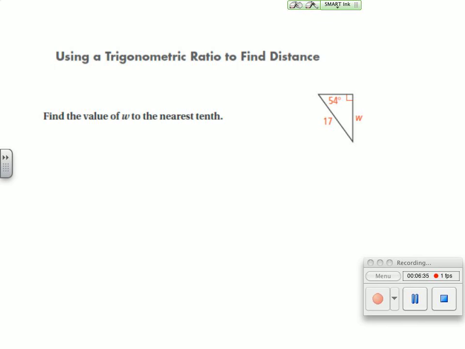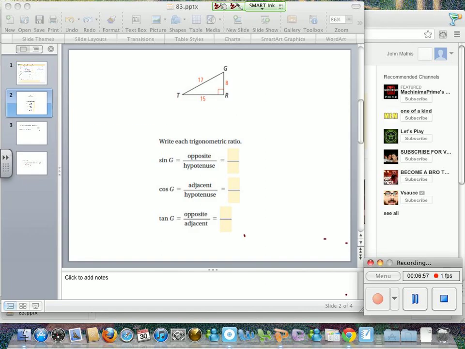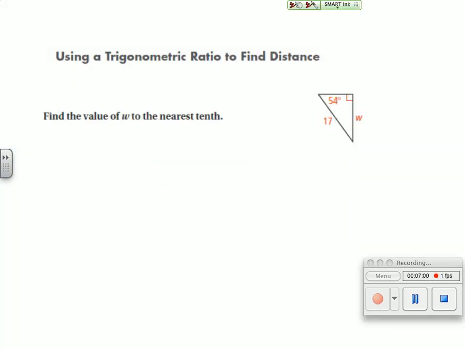Now, let's say maybe we knew that our W was right here, and I wanted to find that distance. Then I would have done the cosine of 54 degrees equals W over, excuse me, okay, let's try that over again.